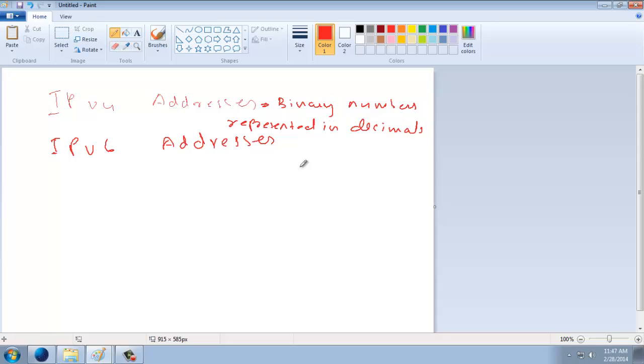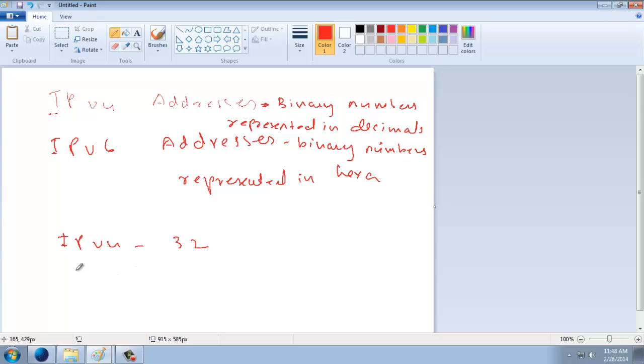You know that. IP version 6 addresses are again binary numbers represented in hexadecimals, right?